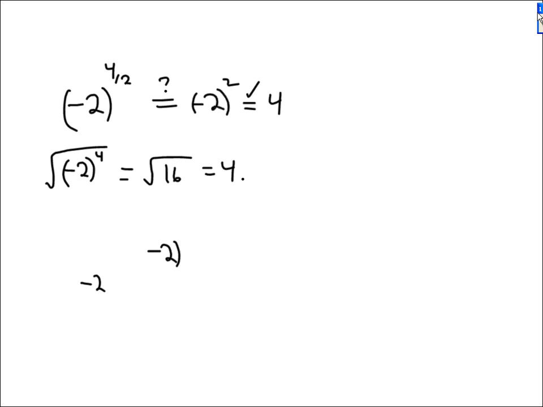Suppose you have negative 2 to the 2 over 6. Now, what you can do is, you can square first, and then take the 6th root. So you're taking the 6th root of 4, which can be done.